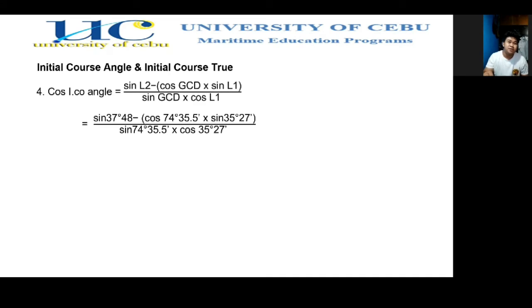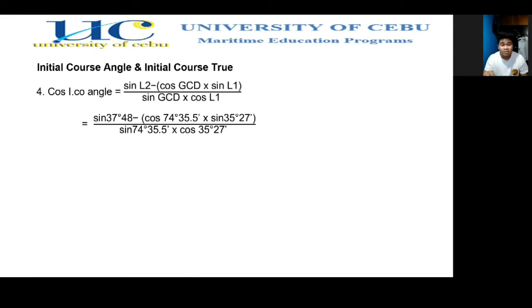The first step is substituting the values. So sine 37 degrees 48 minutes minus the product of cosine 74 degrees 35.5 minutes times sine 35 degrees 27 minutes, over sine 74 degrees 35.5 minutes times cosine 35 degrees 27 minutes.